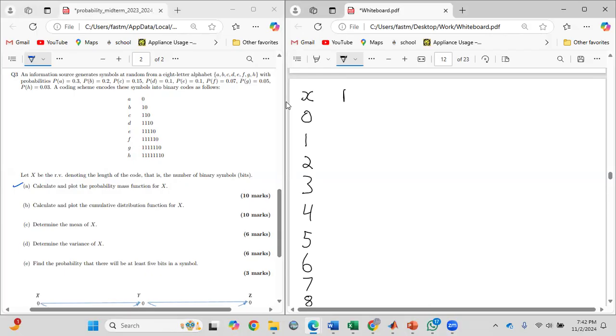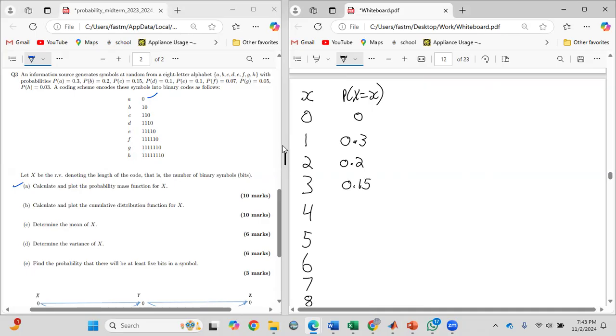Then I have the probability that X is equal to x. So the probability of you having 0 bits is 0 because it's not really giving anything for that. Having 1, which is A, is 0.3. Getting 2 bits is B, which is 0.2. Getting 3 bits is C, which is 0.15.